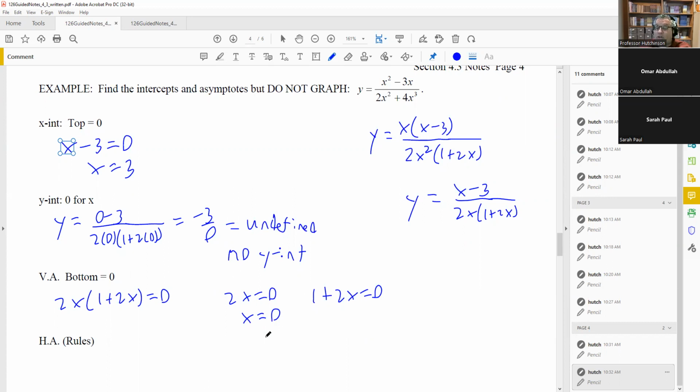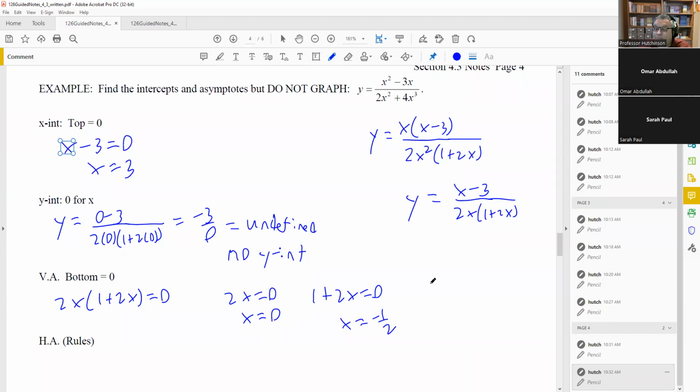If the vertical asymptote happens to be x equals 0, then you're not going to have a y-intercept because the graph does not cross the vertical asymptote. For the other one, if you subtract 1 and divide by 2, you get x is negative 1/2. That's your other vertical asymptote. So now we have 2 of them in this case.